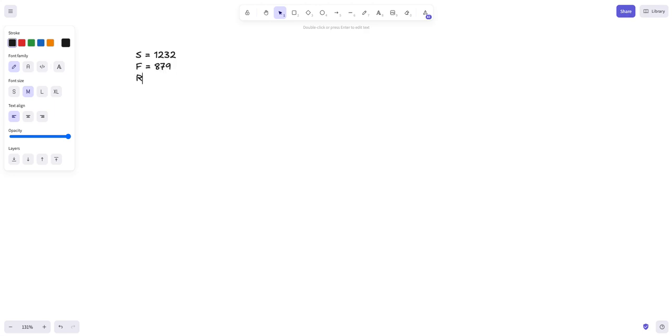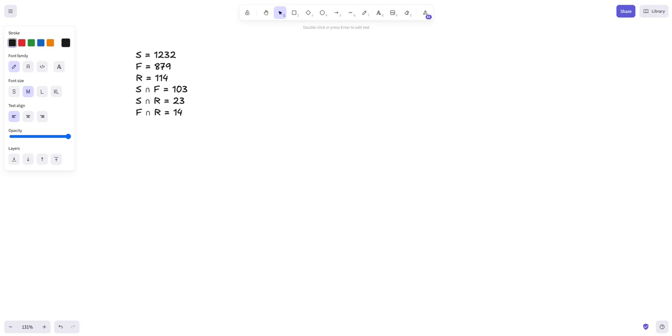And the number of people that speak Russian is equal to 114. The number of people who speak both Spanish and French is equal to 103. Number of people who speak Spanish and Russian is equal to 23. And the number of people who speak French and Russian is equal to 14.